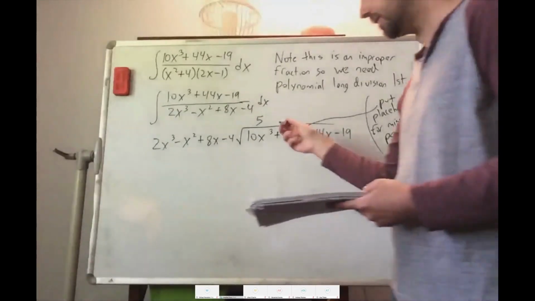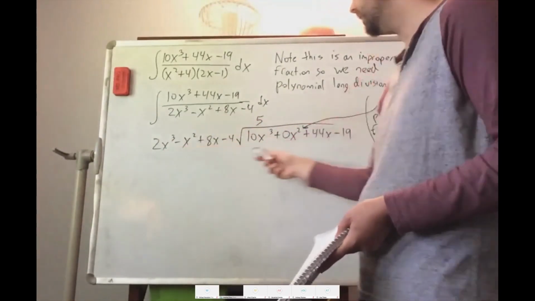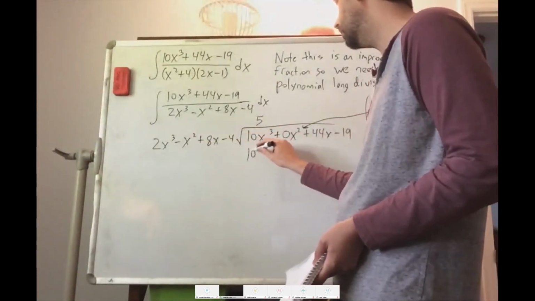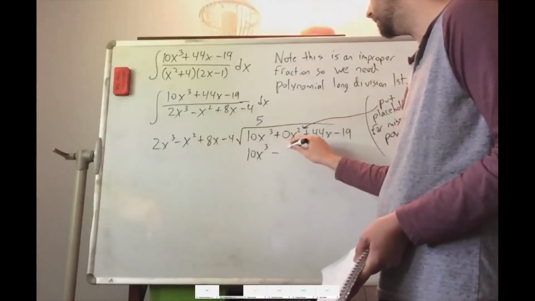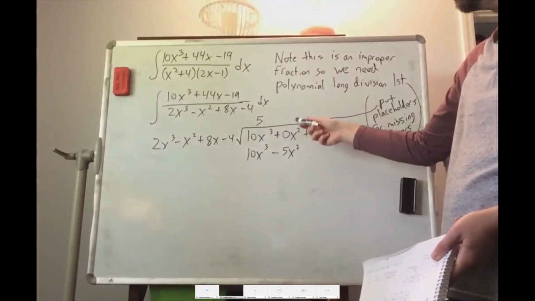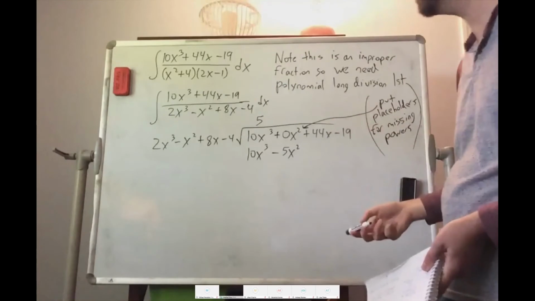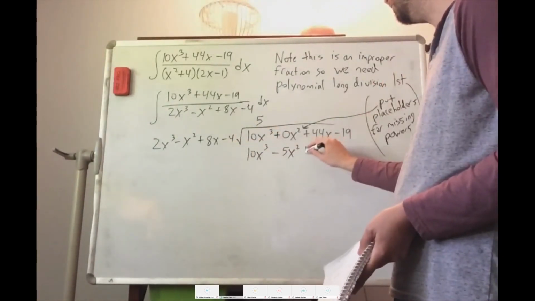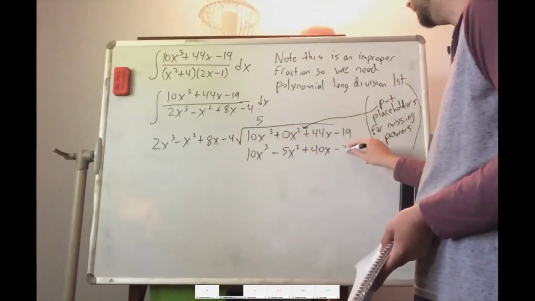Then I take this and multiply it down by all of the different pieces and line it up. So 5 times 2x cubed is 10x cubed. Those have to be the same. 5 times minus x squared is minus 5x squared. Now, do you see why it's important to have these missing things have a 0? Because then everything lines up. Otherwise, it's going to be a mess to subtract. 5 times 8 is 40x. And 5 times negative 4 is minus 20.